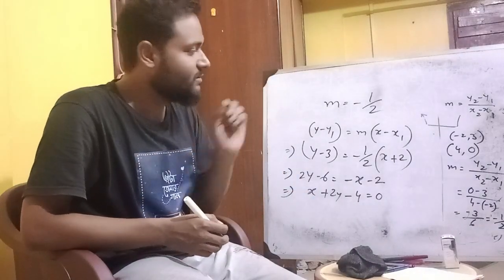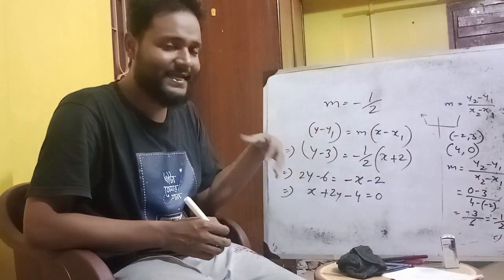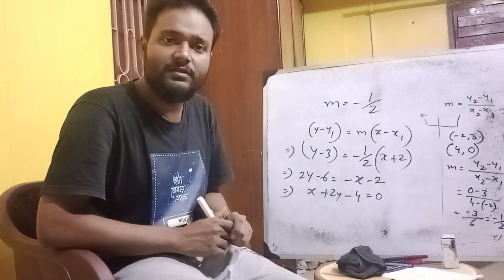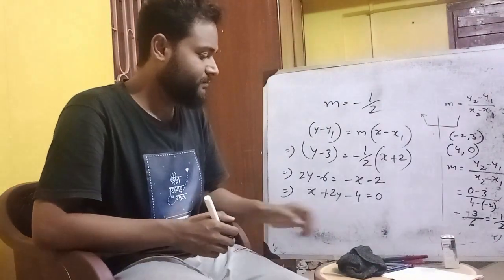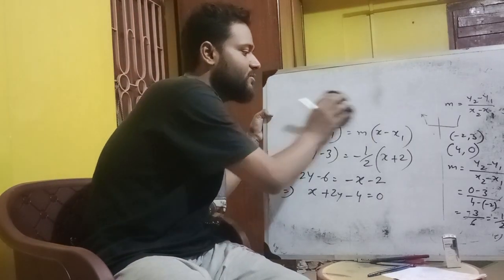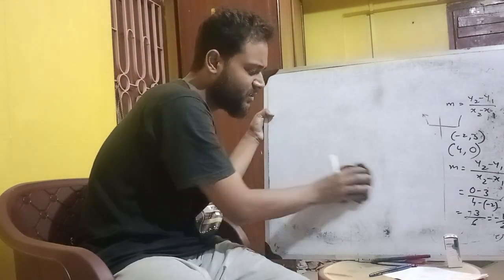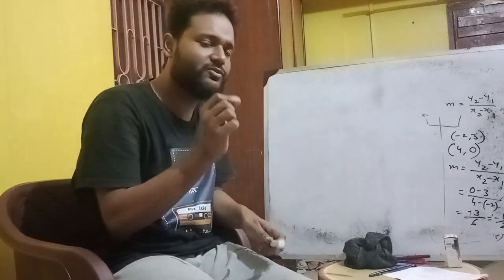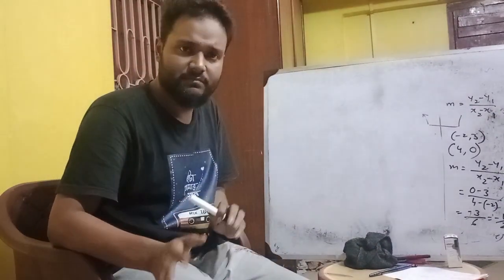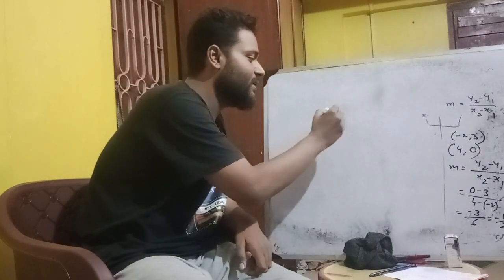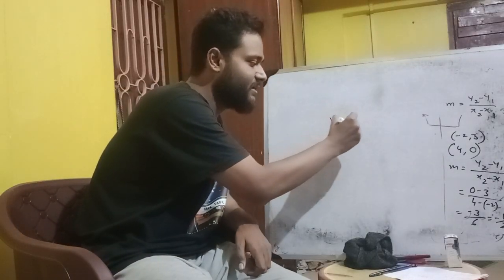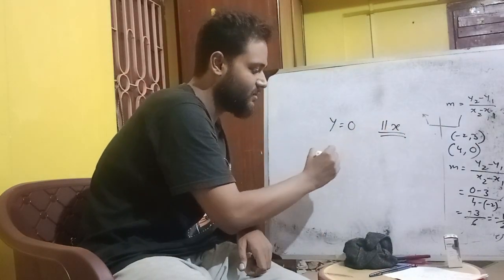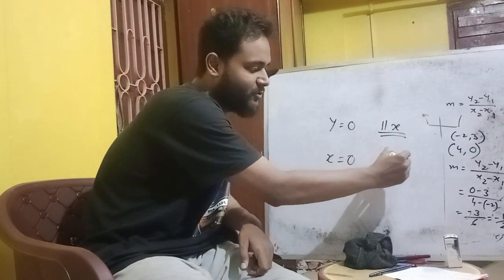So these three sums are basic examples of these three forms of straight line equation. Now just for the short questions we need to clear some basic concepts, that is, if a straight line is given as y equal to 0, that is parallel to the x axis, x equal to 0, that is parallel to the y axis.